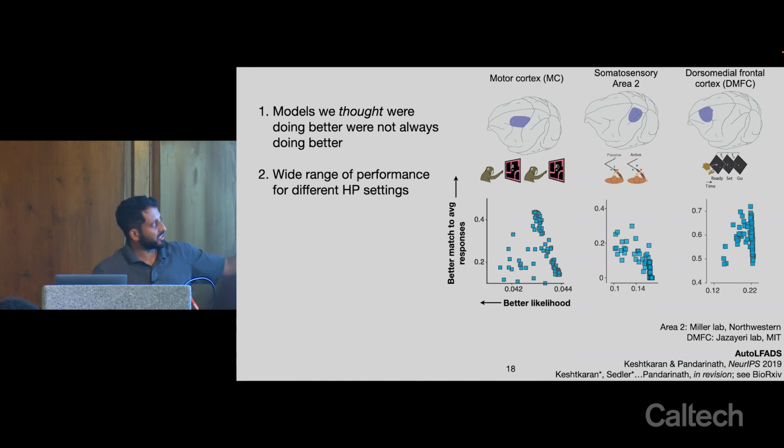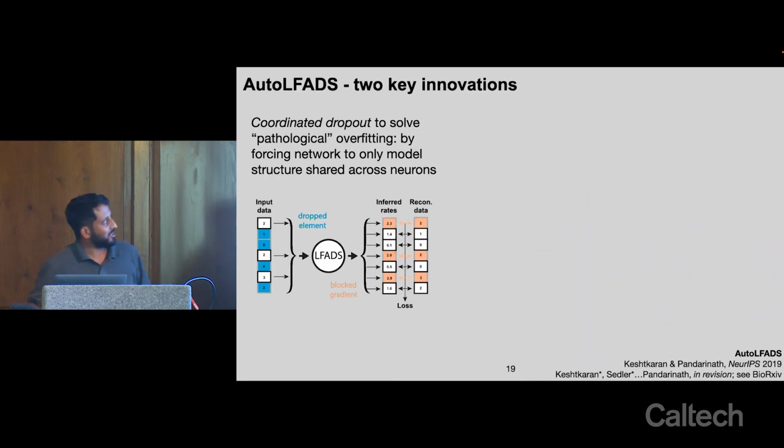So when we apply these models to different data sets and use different hyperparameters, the key thing you're seeing is that when we think the model is doing better, that's the x-axis, that doesn't necessarily mean it's actually doing better. Ideally, when the model optimizes better, it's better able to predict responses, but it turns out there are a lot of quirks to these models, and that's not actually the case.